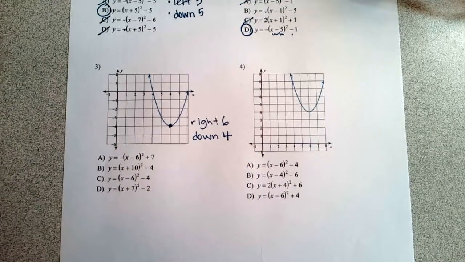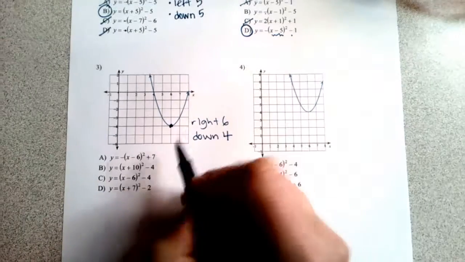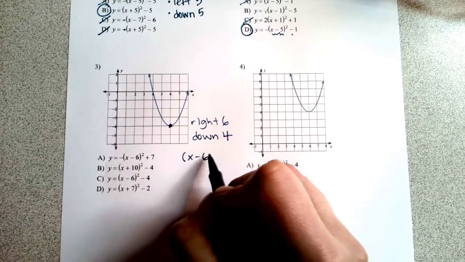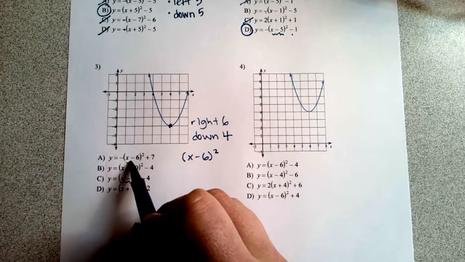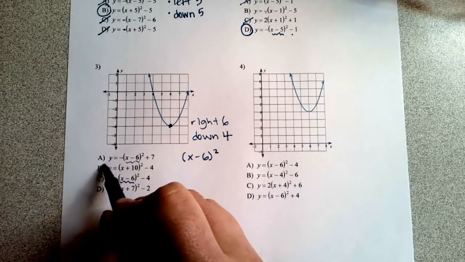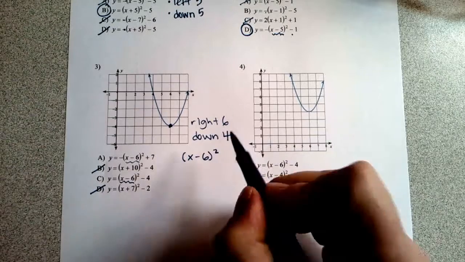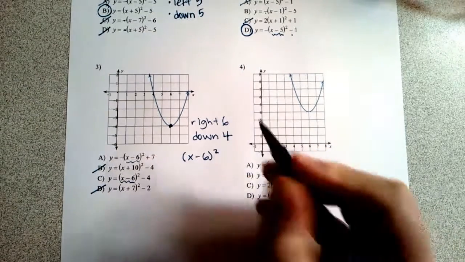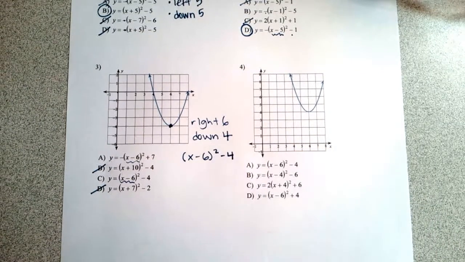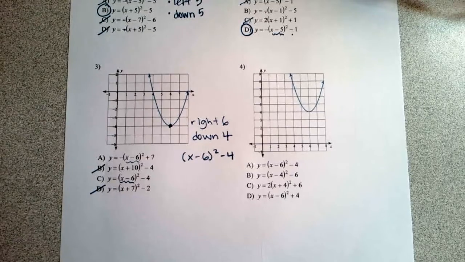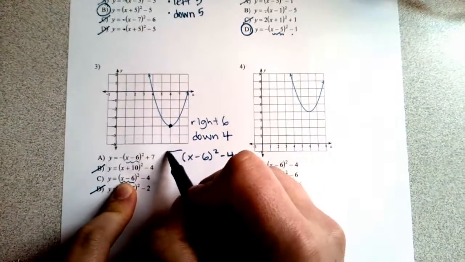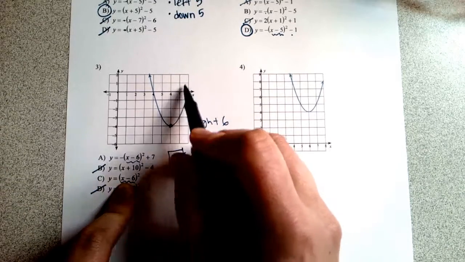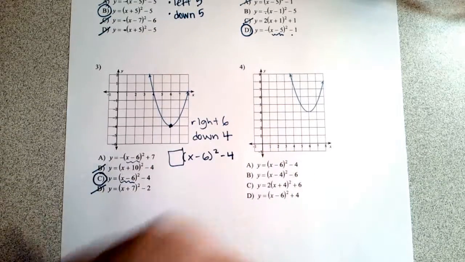Right 6 tells me I need (x - 6)², so that gives me either option A or option C. So I'm going to cross off B and D. And then moving down 4 should be a -4 at the end. Well, that's looking a lot like option C. And then we don't need a -a value because our graph opens up. So C is right.